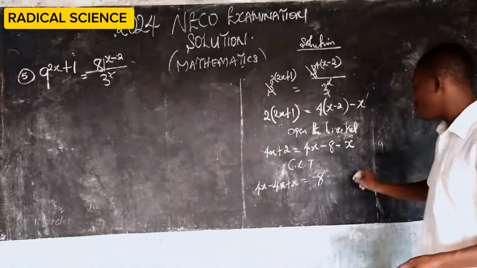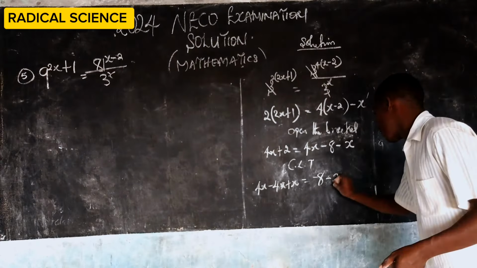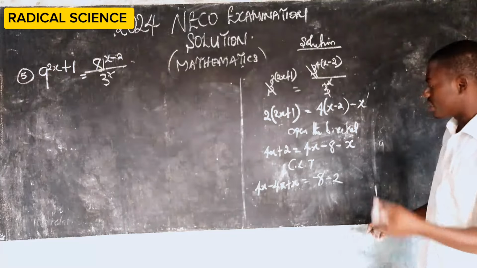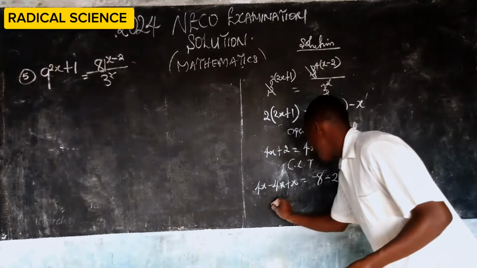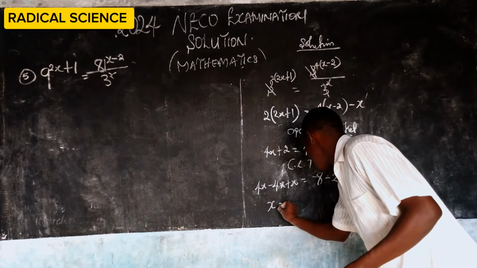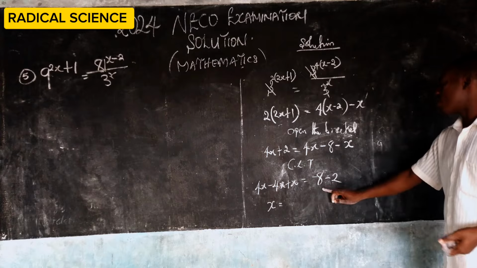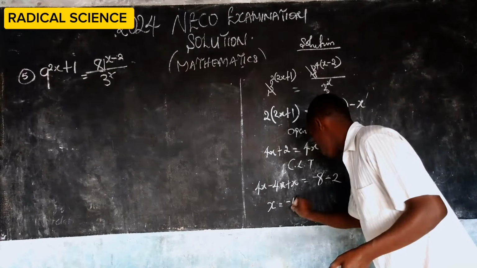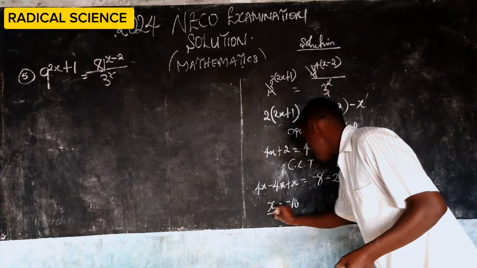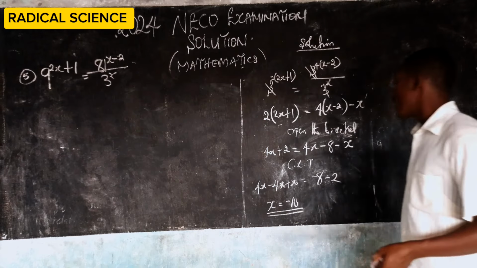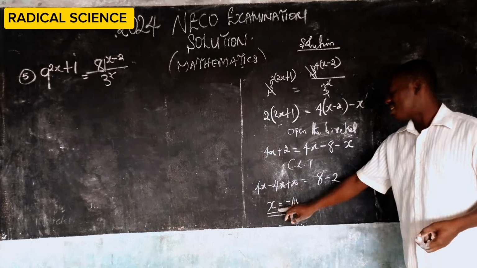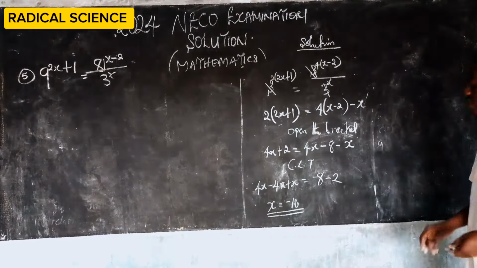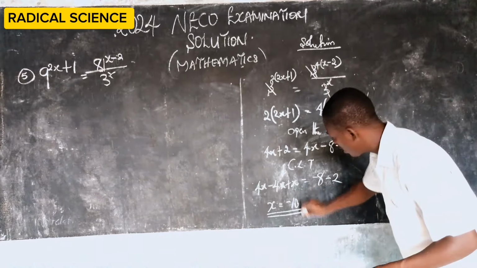Plus 2 crossing over becomes minus 2. 4x minus 4x is 0. Plus x, I will have x is equal to minus 8 minus 2, which is minus 10. Since the coefficient of x is 1, our answer is x equals minus 10.